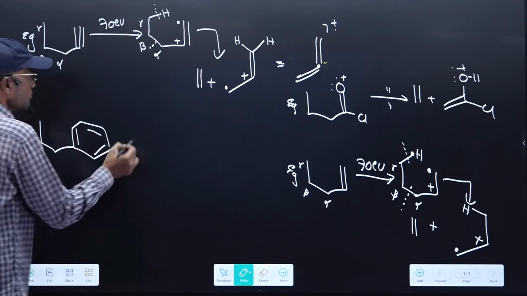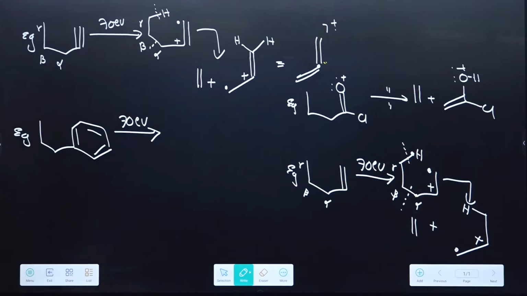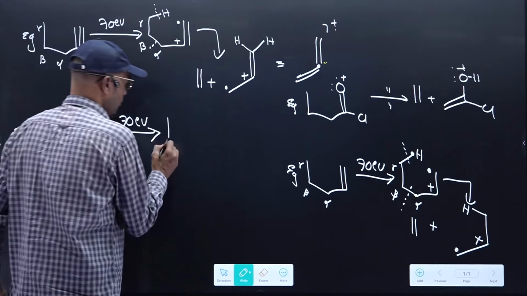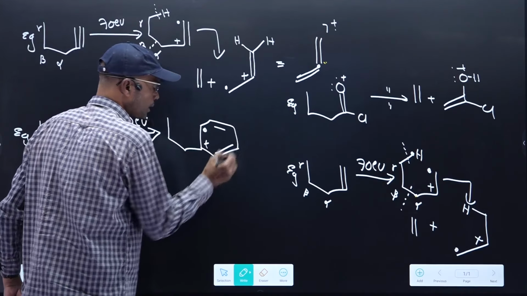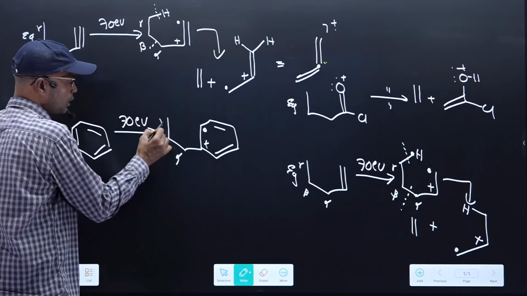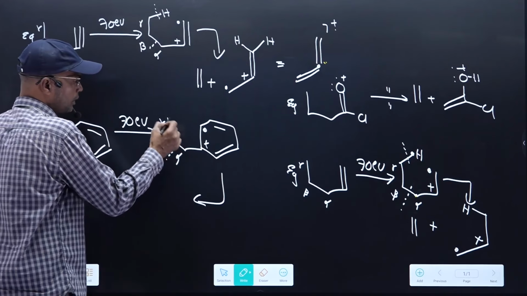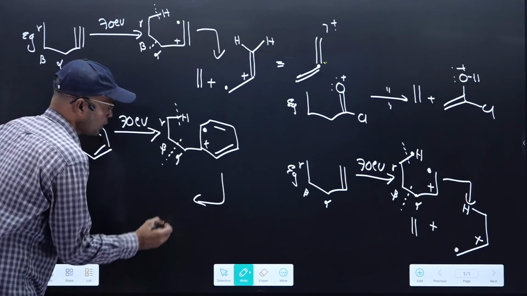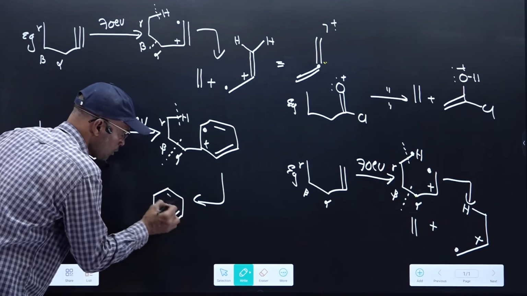Now see this. 70 electron volts. What is McLafferty rearrangement? So how to write? This is a radical cation, double bond I am writing. Now what is this? Alpha, beta, gamma. Then how to write the answer? Can I break at beta? Can I break this hydrogen? Then what happens? Radical cation. So I can write a double bond here, a double bond here.